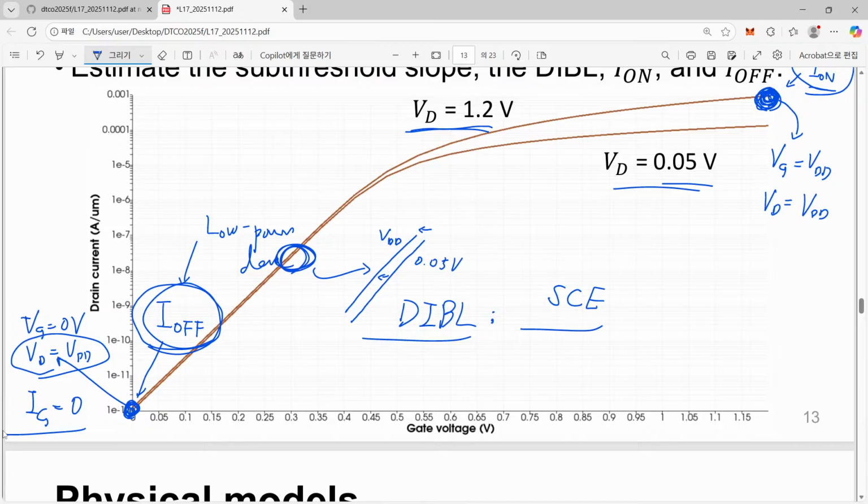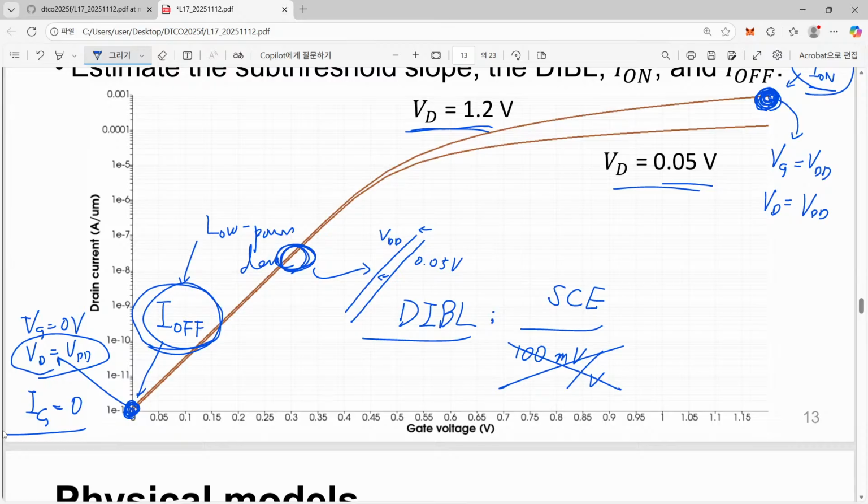If this DIBL is so high, what is so high? I have seen so many values of DIBL, but it is clear that if you have 1 volt per decade, that really destroys everything. So it is not acceptable.